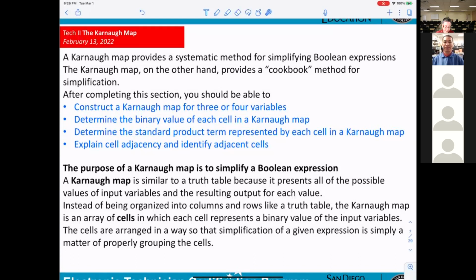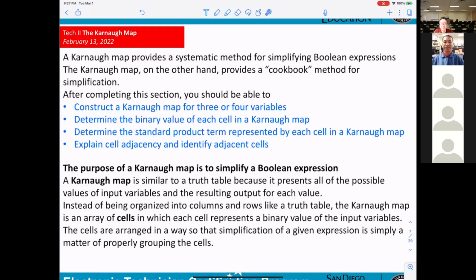Now, the purpose of the K-map is to simplify a Boolean expression. A K-map is similar to the truth table because it presents all of the possible values of the input variables and the resulting output for each value, instead of being organized into columns and rows like the truth table.